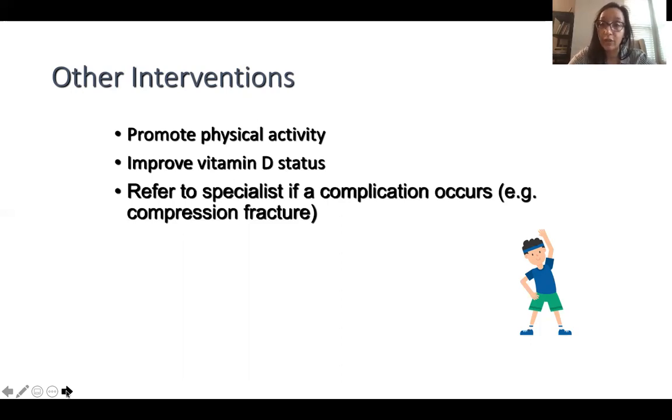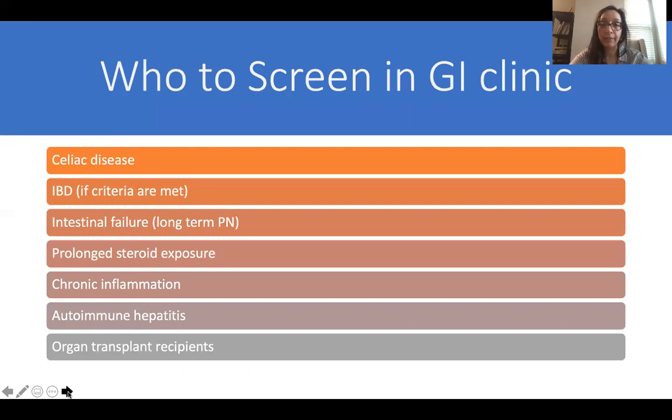Vertebral compression fractures are very concerning and almost always indicate a need for intervention by a bone specialist, for example, through the use of bisphosphonate types of medications. Here are some patient groups that can be at higher risk for bone disease, and you want to keep that in mind when you're seeing these patients and to consider obtaining a DEXA scan or referral to a bone clinic, depending on the case.